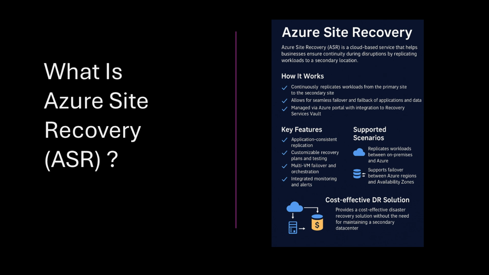You can perform non-disruptive disaster recovery drills, test without impact, and handle multi-VM failovers in the correct order for apps with dependencies. With role-based access control, you ensure only authorized users can manage failovers. And with integrated monitoring through Azure Monitor, log analytics, and alerts, you stay fully informed about every operation.